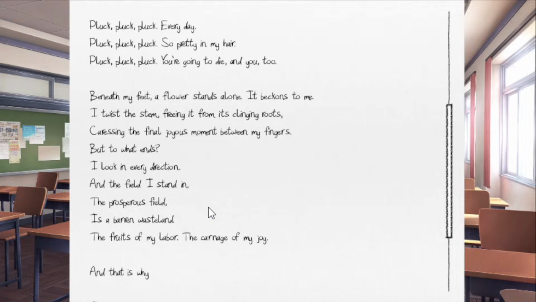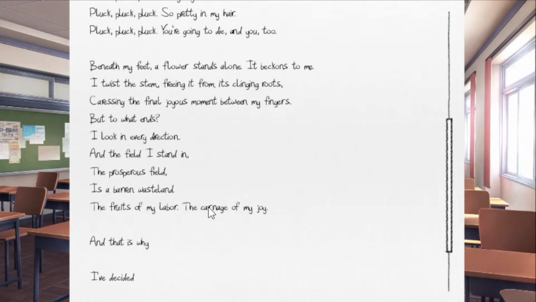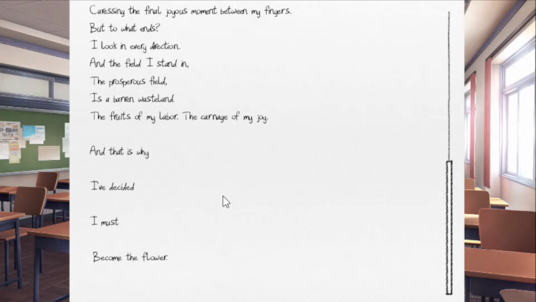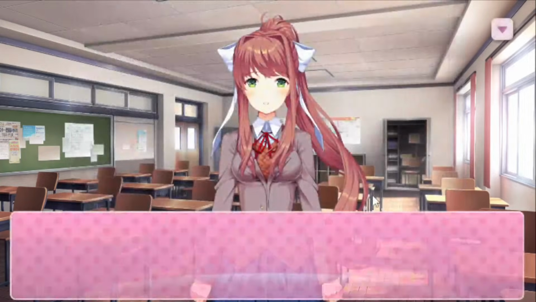Beneath my feet the flower stands alone. It beckons to me. I twist the stem, freeing it from its clinging roots, caressing the final joyous moment between my fingers. But to what ends? I look in every direction, and the field I stand in, the prosperous field, is a barren wasteland, the fruits of my labor, the carnage of my joy, and that is why I've decided I must become the flower.